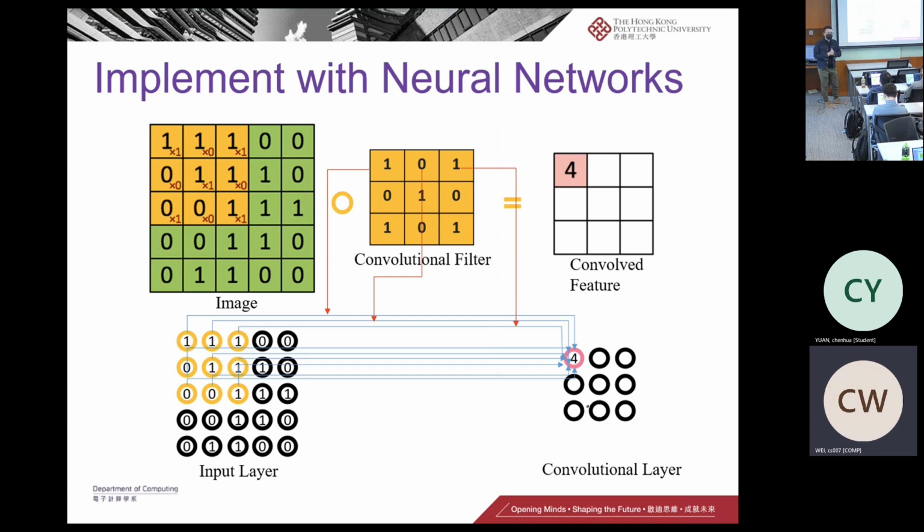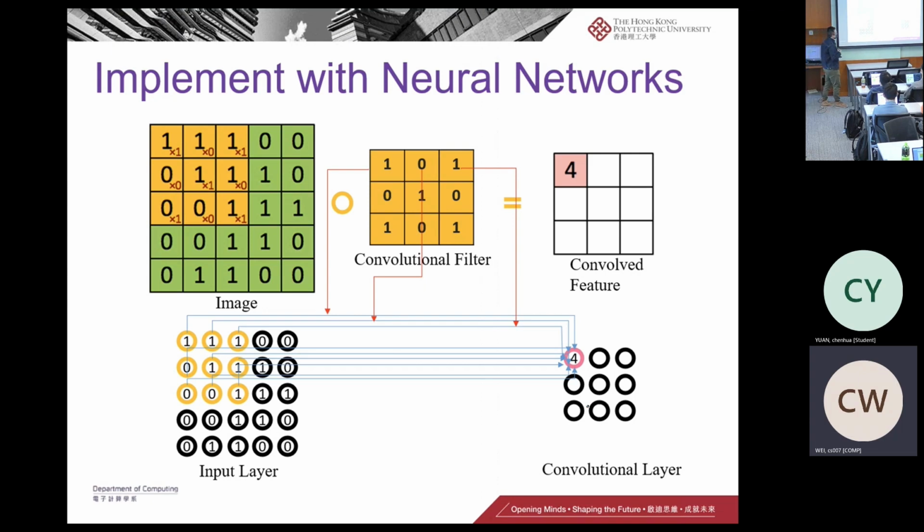Because according to our definition, in every feed-forward step, you are multiplying this value by the corresponding weight on the edge, and you sum all those results together as the result for this one, right? This is what we have in the filters. And it's the same as in neural networks, right?